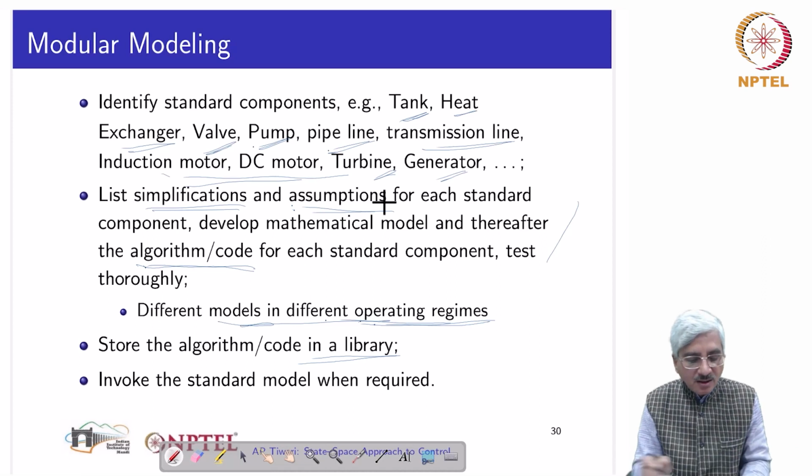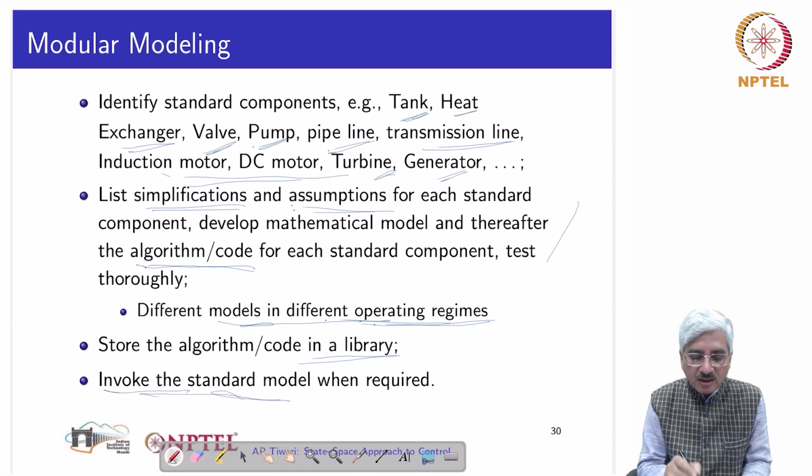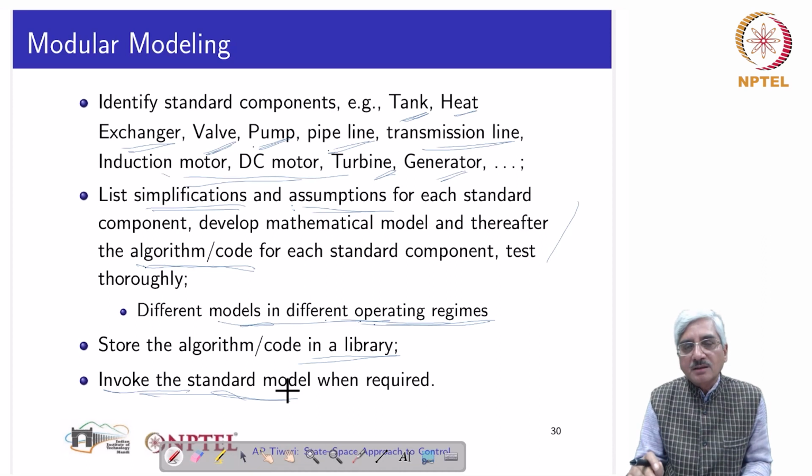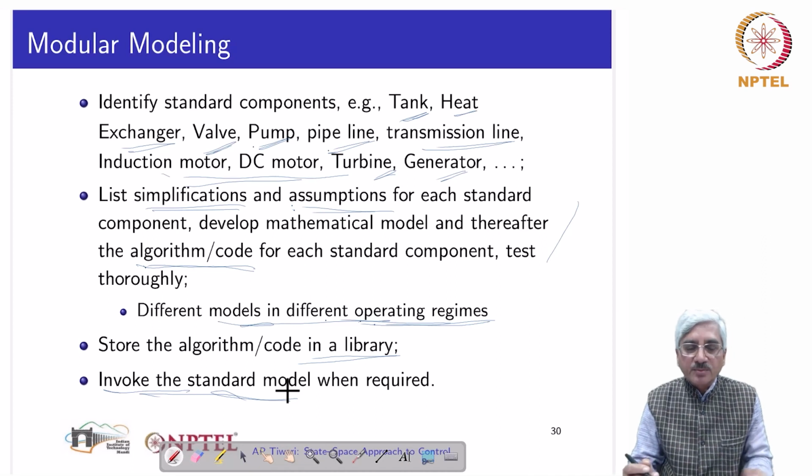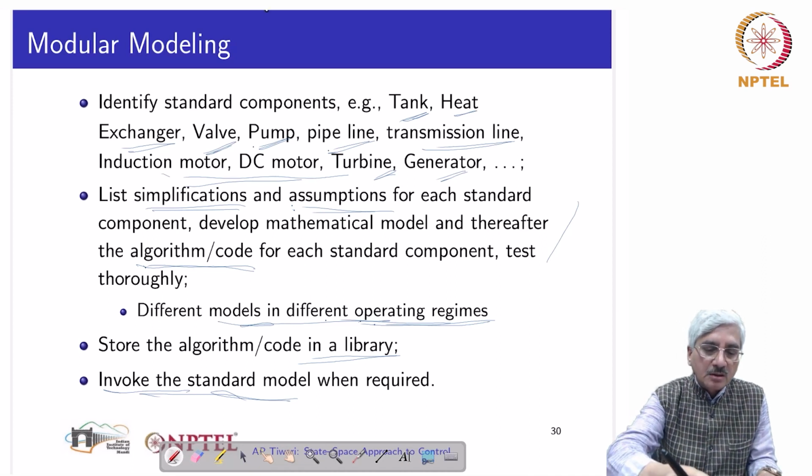Then, while modeling, one can invoke the standard model when required, and as I told in the previous slide, only the very specialized models should take the time spent on developing the mathematical model.